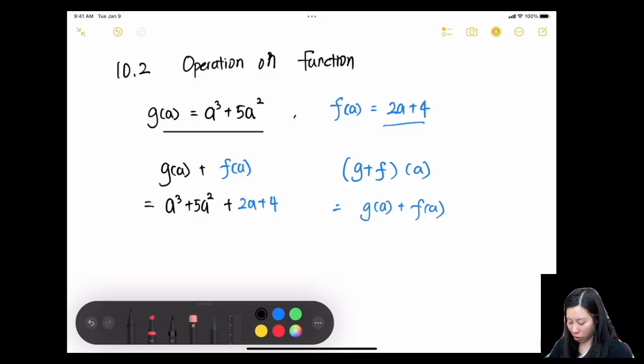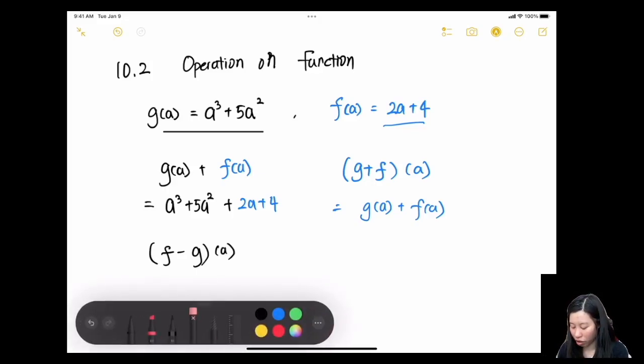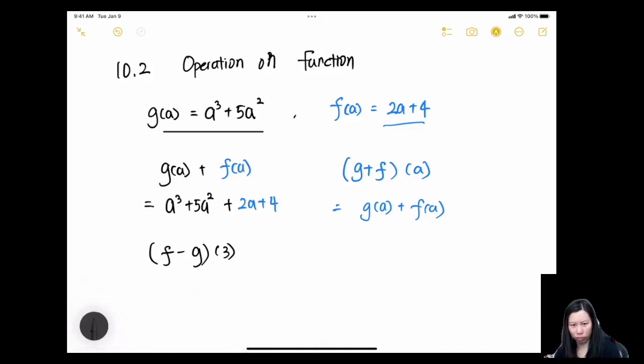Let me give you an example. If they have f minus g of a, or sometimes they even change the a to 3. So what do you do?